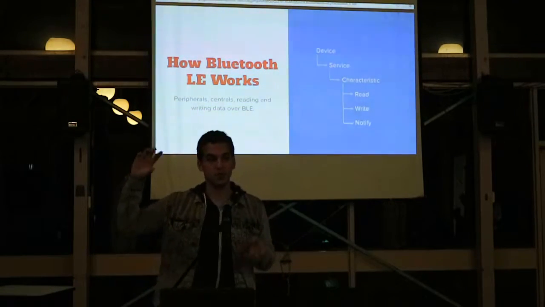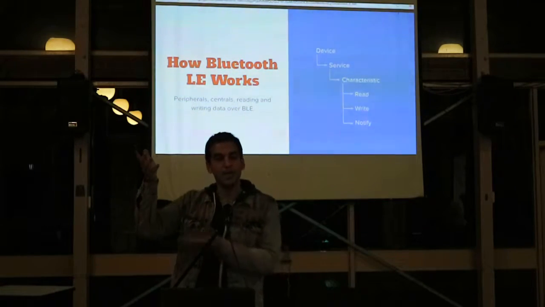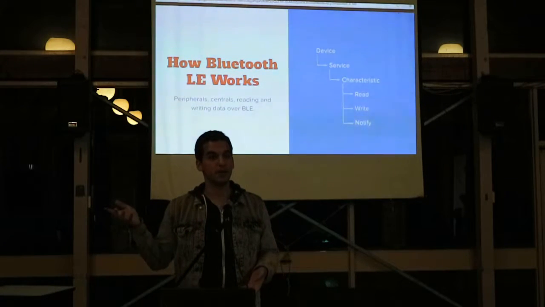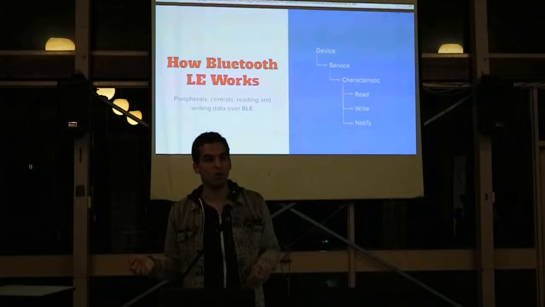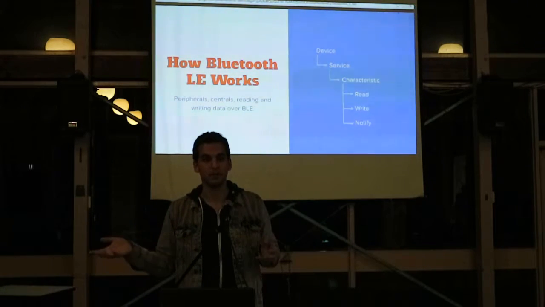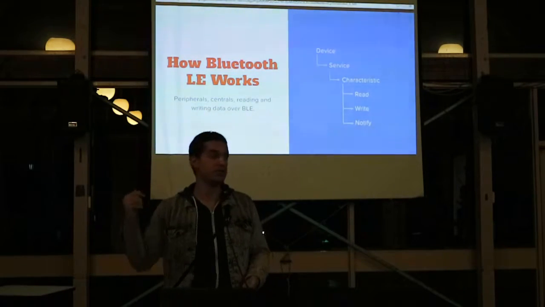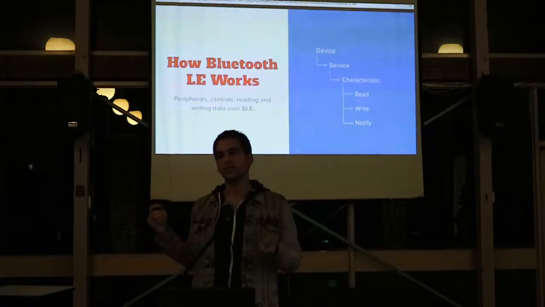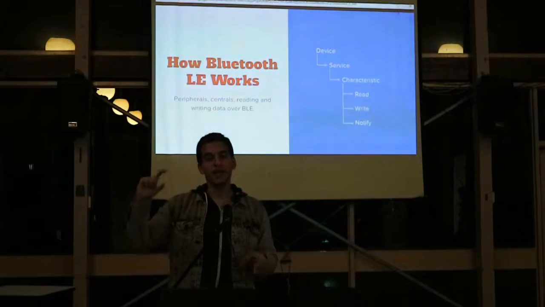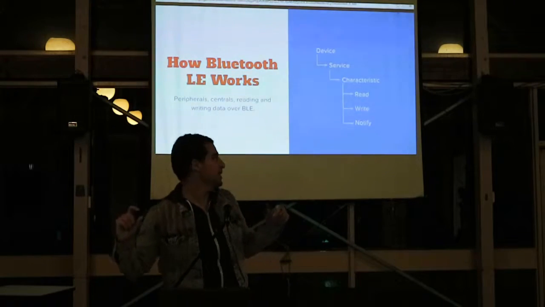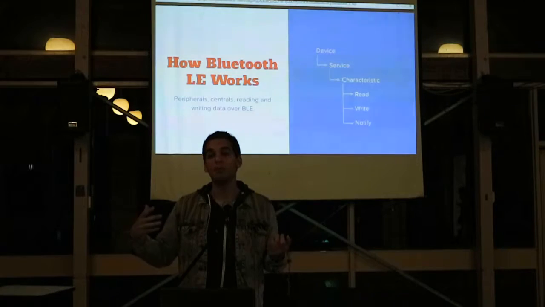This device exposes a service, a Bluetooth service with a particular type, out of typically a list of predefined types for Bluetooth communication, things like heartbeat rate, or a scale, or notifications, or your battery level, or device information. There's a list of supported services. Each service exposes one or more characteristics, and these are the values. And each characteristic in a device can be read, written, and notified, so you can subscribe to updates on that value.